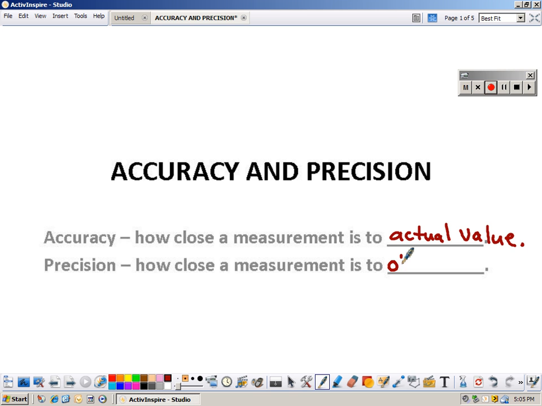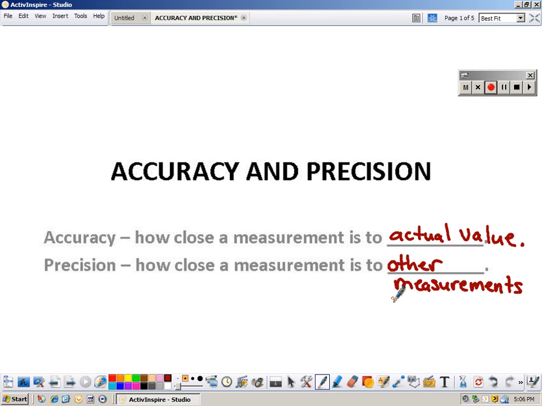Okay, so when you're talking about precision, you're doing a comparison of how close one measurement is to other measurements that you did in an experiment.